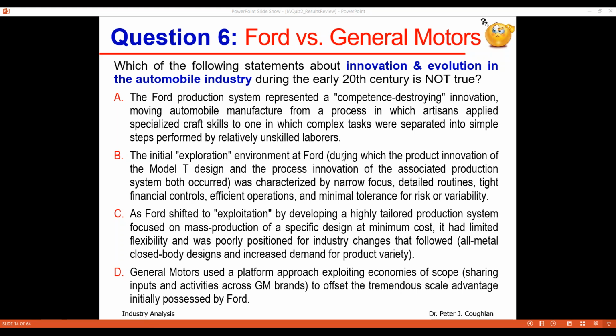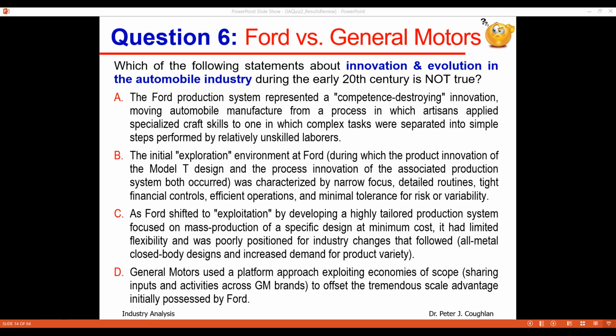Okay, so was it a competence-destroying innovation in that regard? Well, it seems yes, right? In the prior production system, automobiles were produced by artisans or skilled craftsmen, and the key competencies were handwork, fitting, adaptation, specialized craft skills. That's what it took to be good before. Under the new production system, you had unskilled labor and you decomposed complex tasks into simple steps.